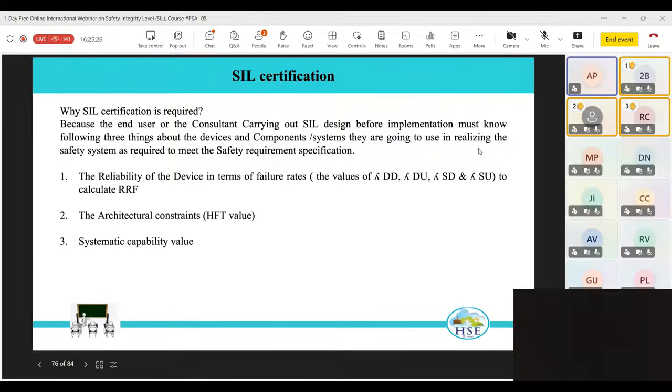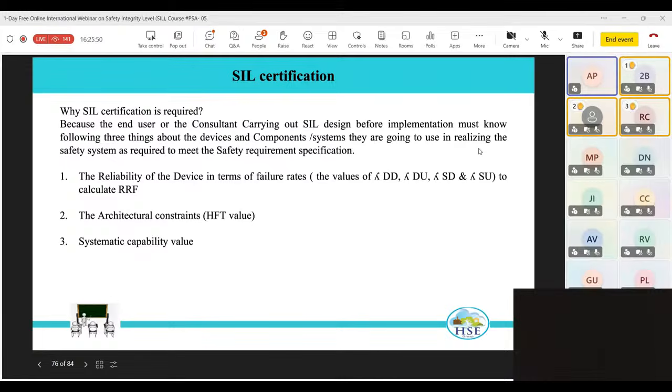Third parties like TÜV, Risknology, exida certify various devices, systems or solutions. These are well-known bodies.